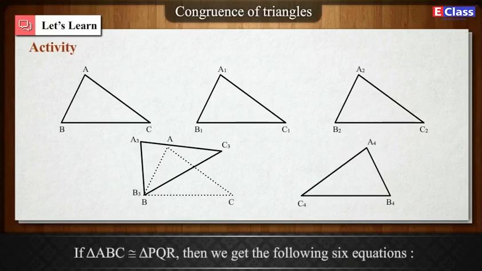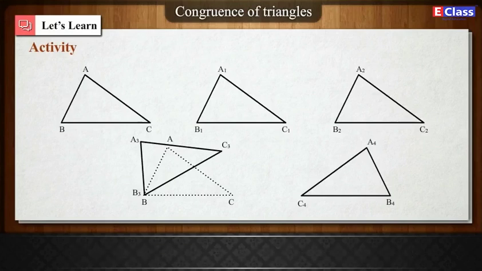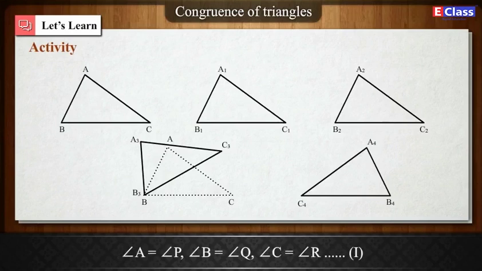If triangle ABC is congruent to triangle PQR, then we get the following 6 equations. Angle A is equal to angle P. Angle B is equal to angle Q. Angle C is equal to angle R. Let us mark it as 1.